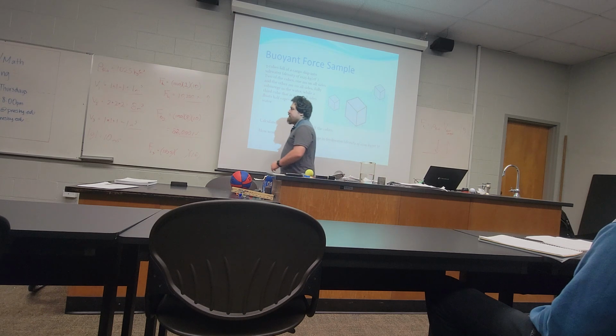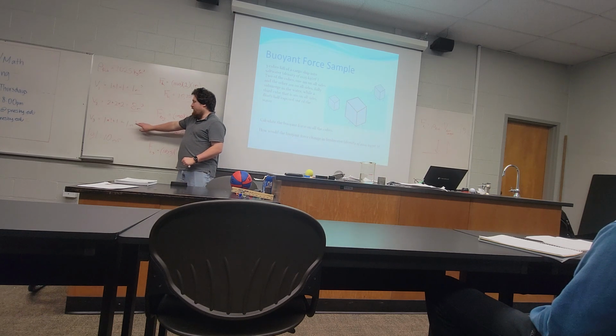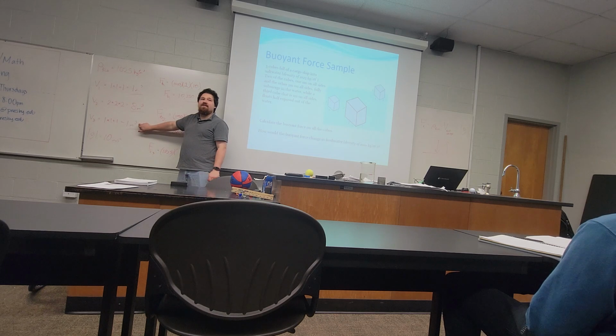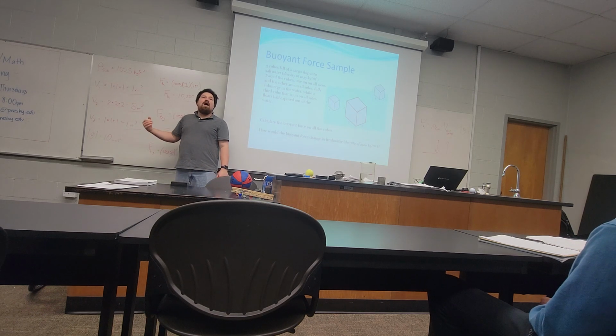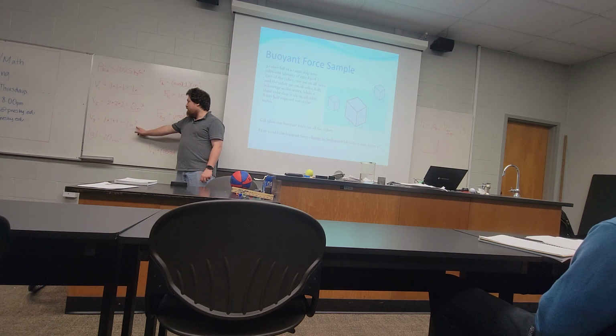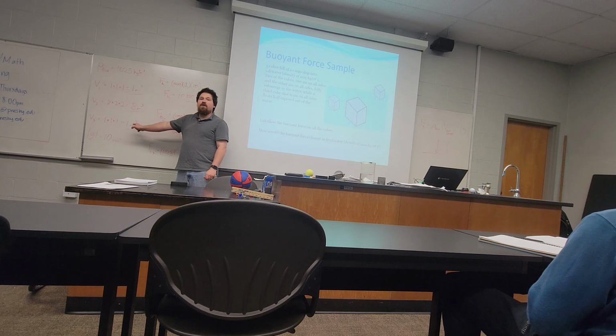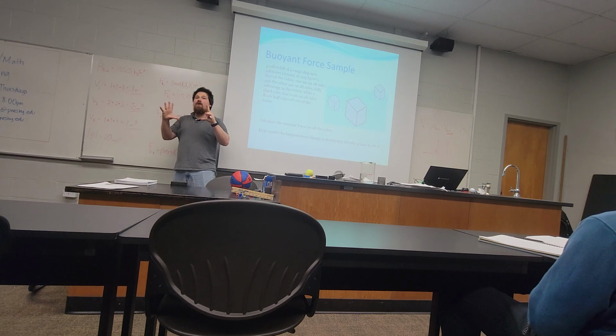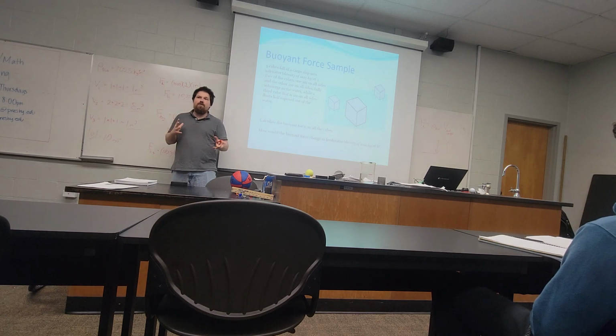So if the box's total volume is 1, and half of it is sticking out of the water, how much volume is under the water? 0.5. Total volume is 1. Half of that 1 is under the water. Therefore, the amount of cube under the water surface is only half of 1, which is 0.5.